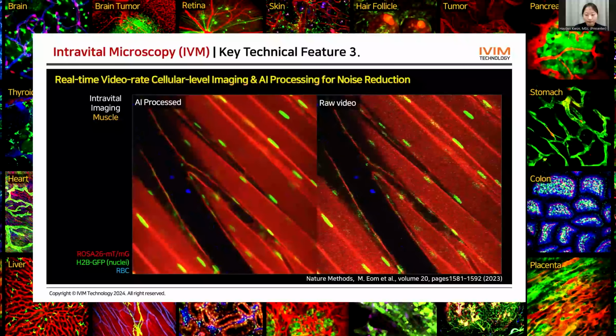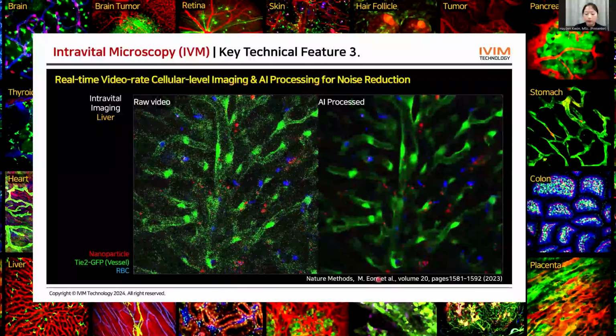Previously, it was very difficult because traditional denoising AI models lose the temporal resolution with denoising. However, we have further developed a more advanced internally trained AI model to speed up the denoising processing more than 50 times. This work was published in Nature Methods in 2023, and IVIM has an exclusive license for the global market.